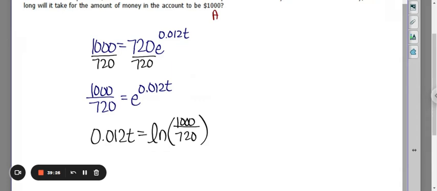So we'll figure out what the natural log is of that, divide it by our decimal over here, and get about 27.38 years. Yes?